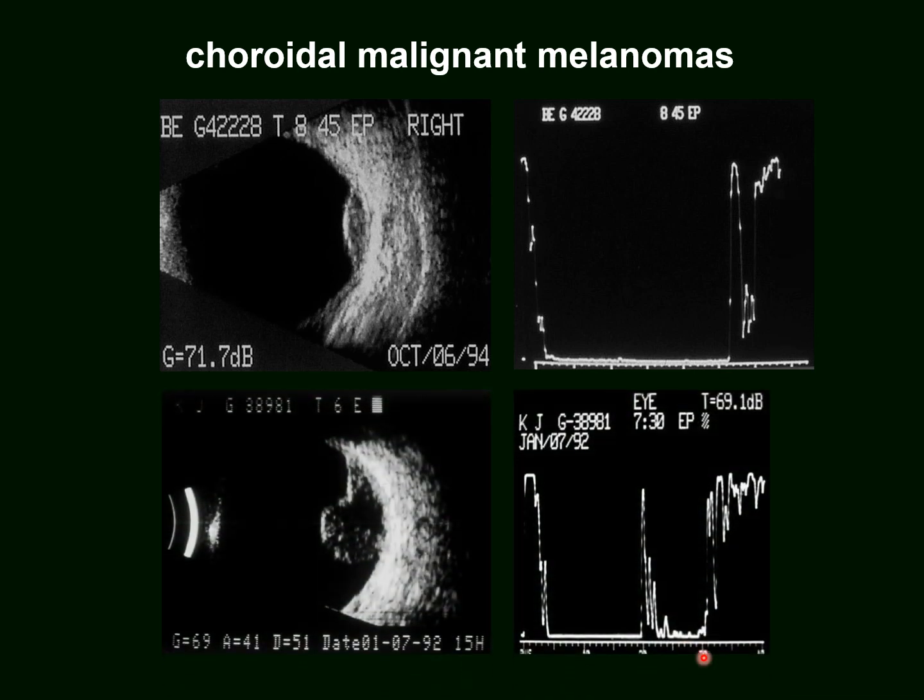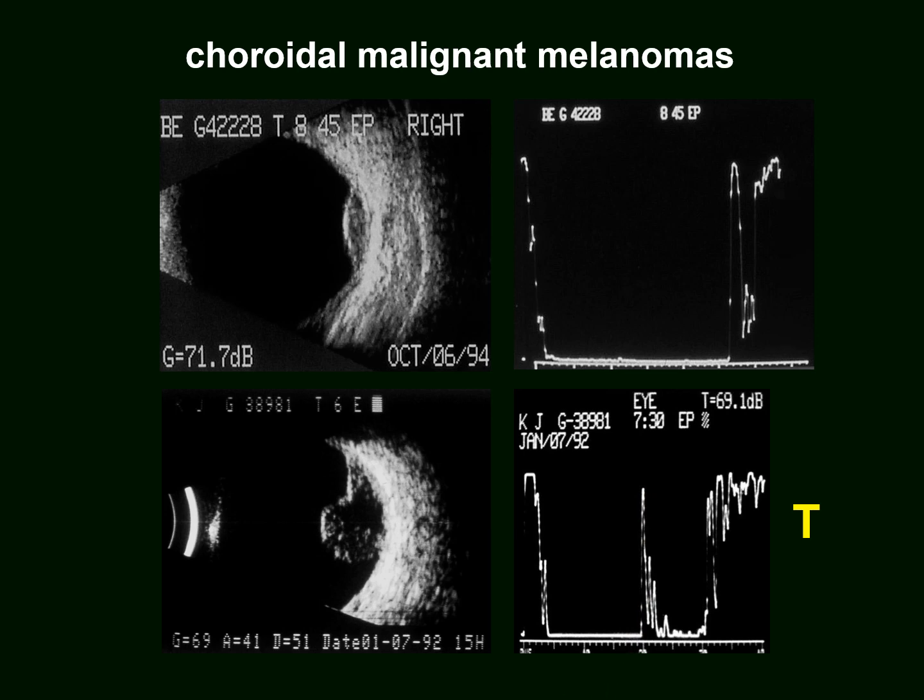Now look, in comparison, this stronger curved surface of this malignant melanoma with a smaller radius, that's the maximum signal from this surface. And there is no difference in sound attenuation in this clear vitreous here and here. But it's the convexity that doesn't allow a stronger maximum signal.